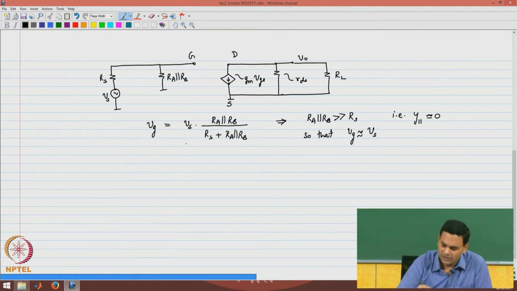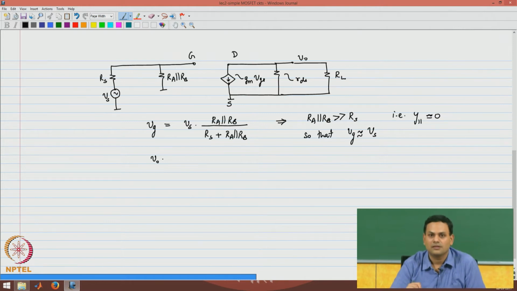The next step now is to write the voltage at the output.